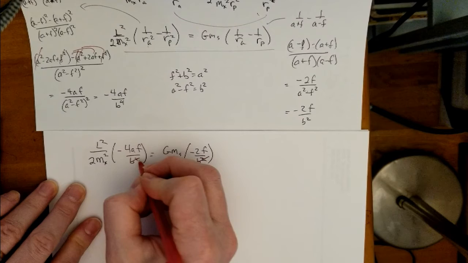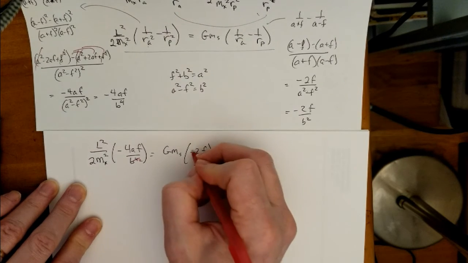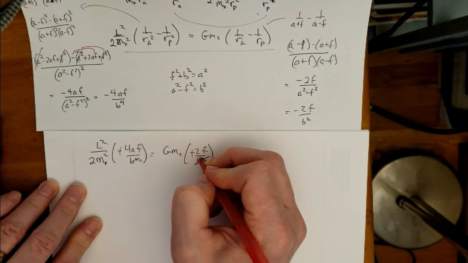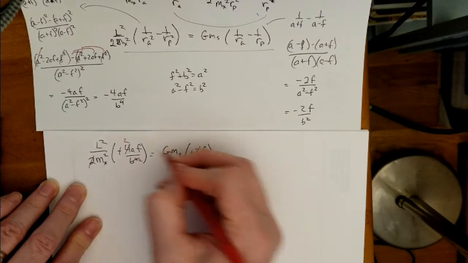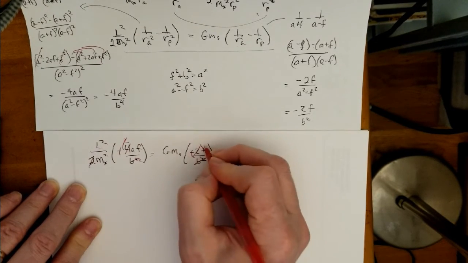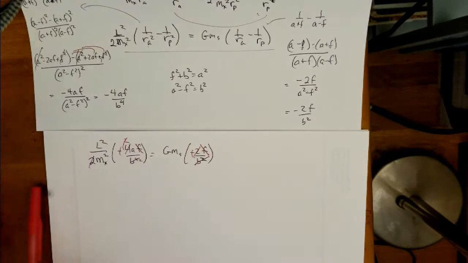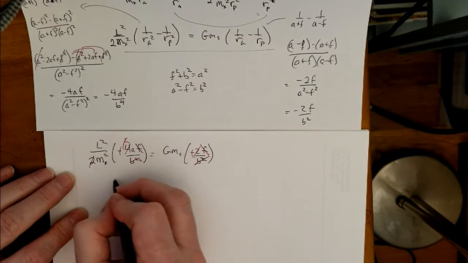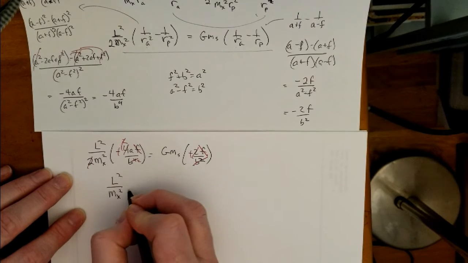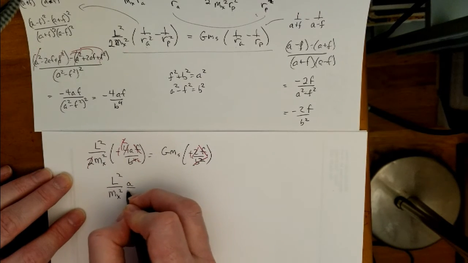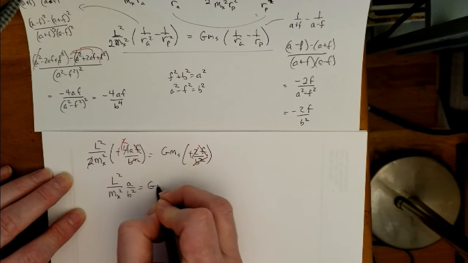We've got a b squared there and a b to the fourth, so we get rid of two of those. The negative signs can go away. I have that 2 and that goes in twice, and then those 2 cancel out. This f and that f cancel out. And so now I'm down to L squared over m_x squared times a over b squared is equal to G m sub s.